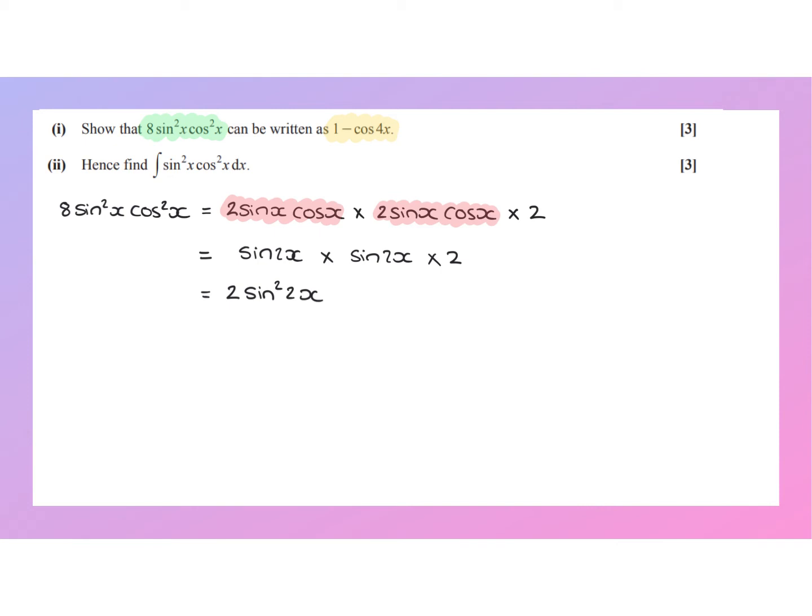Now, we're then going to just diverge for a moment and think about the result for the double angle cos 2x, which can be written as 1 minus 2 sine squared x. Now, I can then double all of the angles that are involved here.